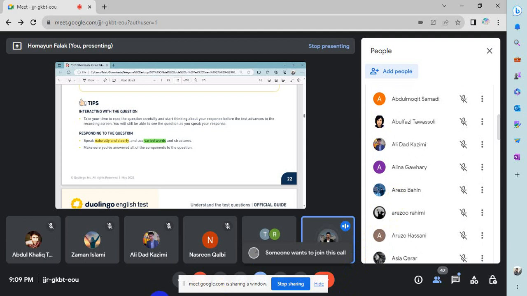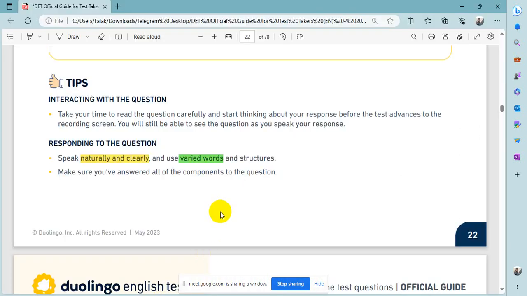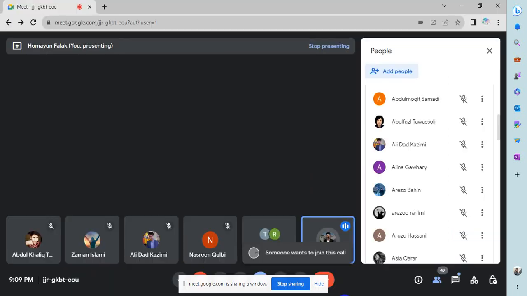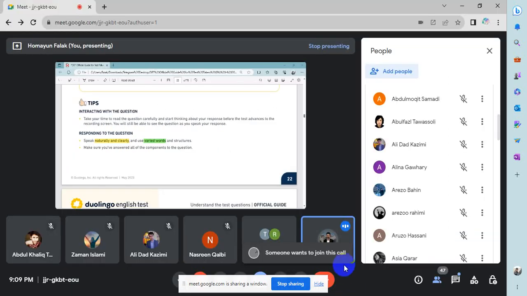If you use a word just because it is academic, it does not indicate that you will get a good score, because every word in English has its specific place to use. So don't use a word if you don't know the meaning, if you don't know exactly where to use that word. Please don't use that. Maybe it will affect you negatively, okay?